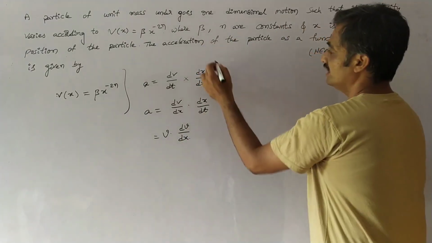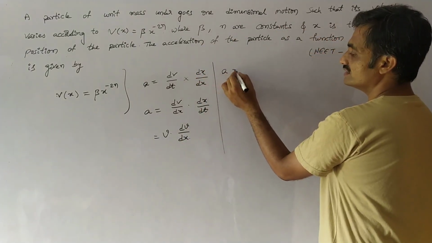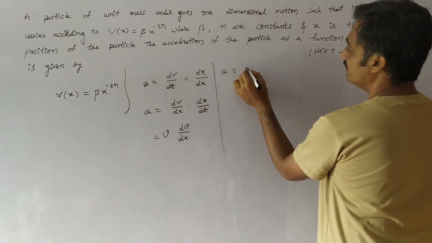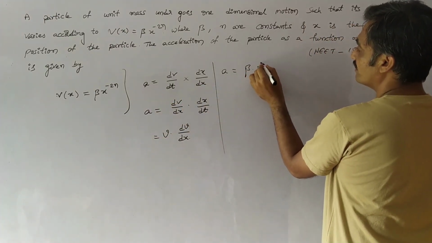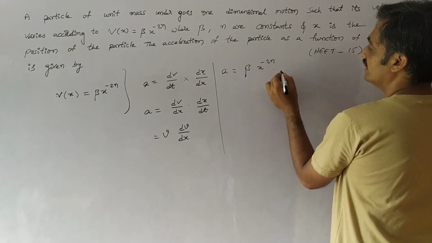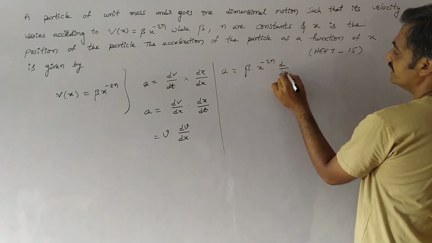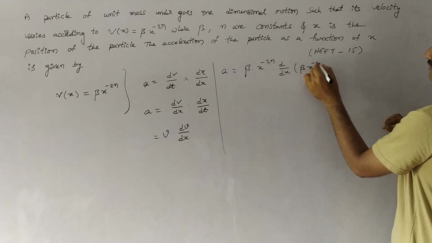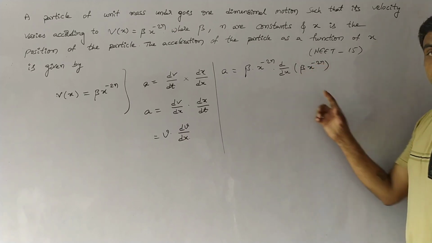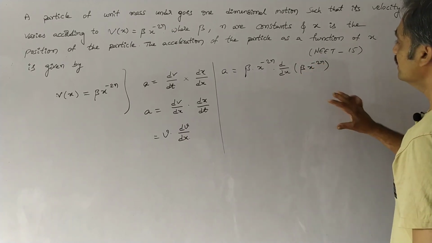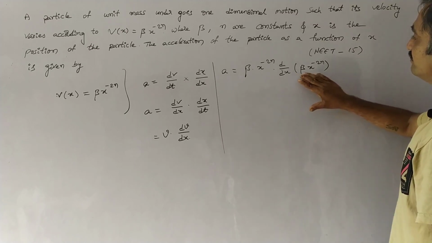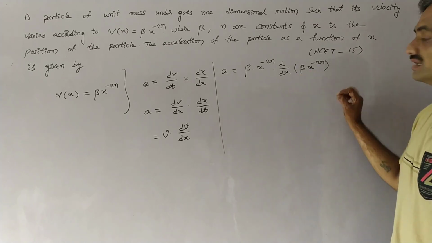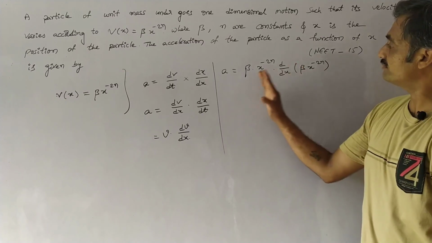So from this we have a equals v, which is nothing but beta into x to the power of minus 2n, into d by dx of beta into x to the power of minus 2n. Now we have to differentiate this beta into x to the power of minus 2n, where beta is a constant, so we can bring it outside.